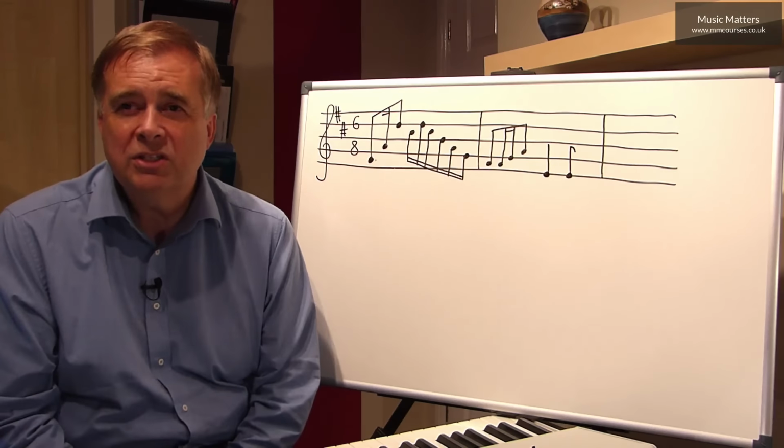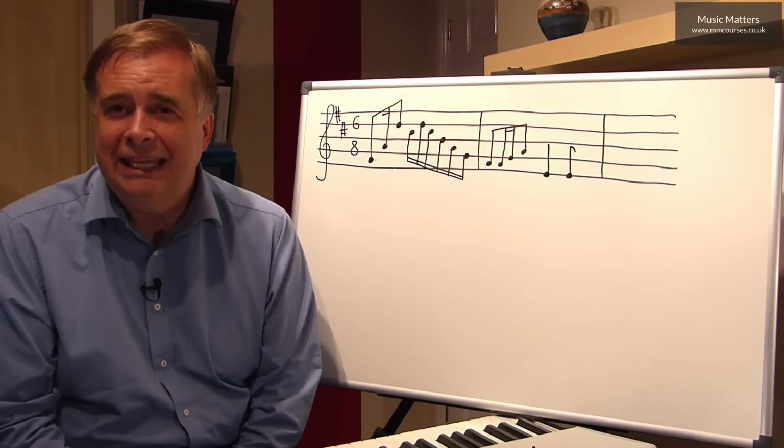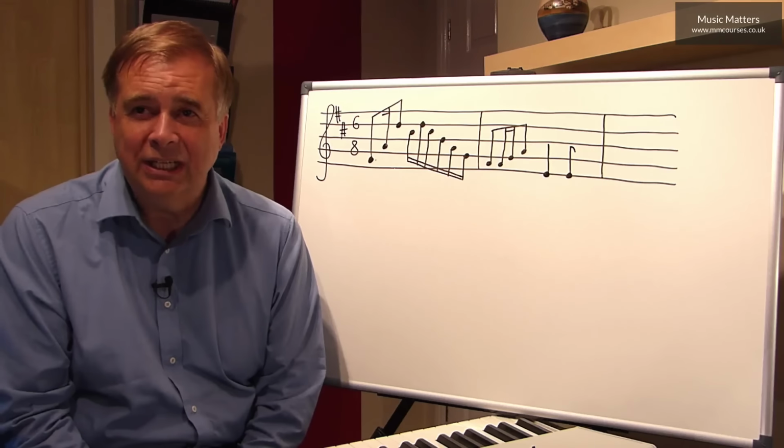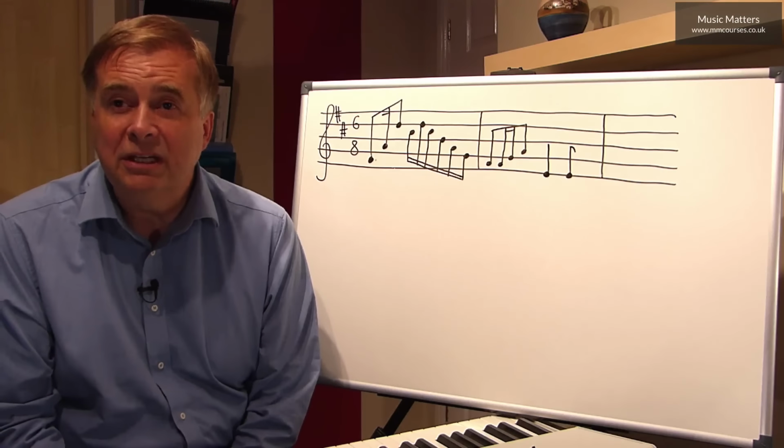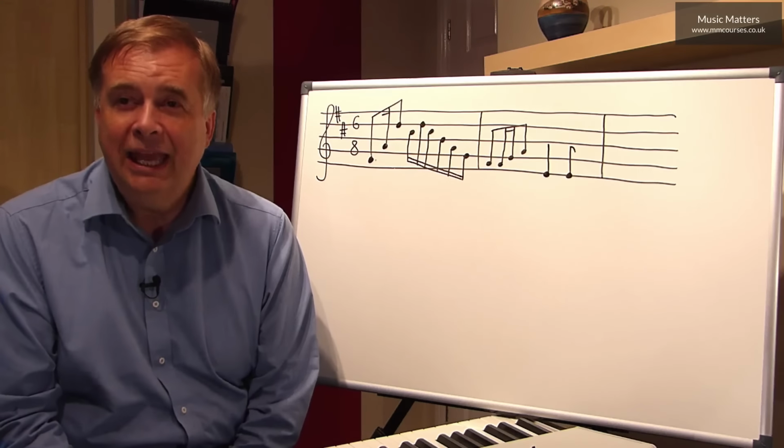And then we have a B section that's based on the same material, but maybe goes off in another direction or two as well. It will certainly begin and end in the tonic key, but quite often a binary structure piece starts in the tonic key and modulates to the dominant key at the end of the A section.